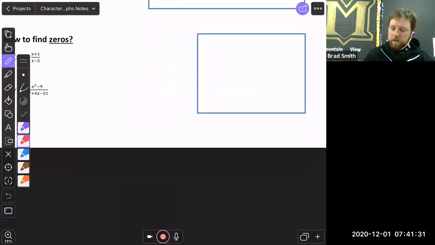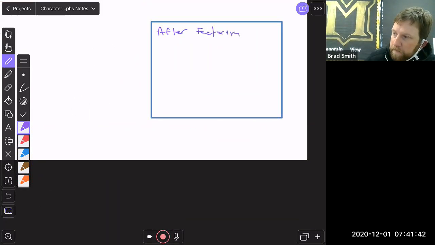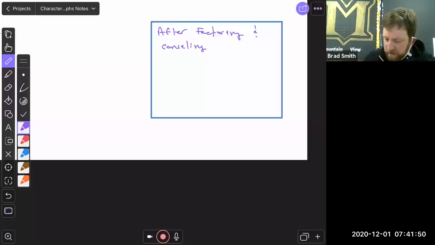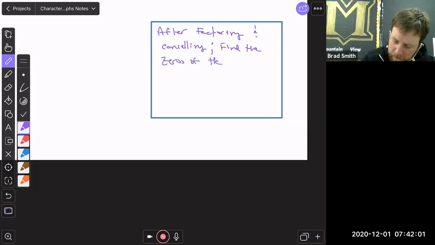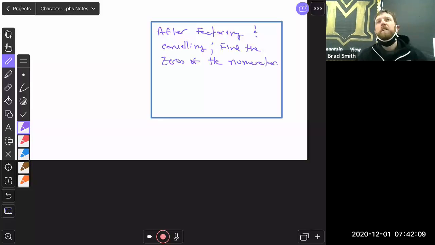I'm going to go ahead and find the zeros. Just because these are a lot like the vertical asymptotes, so after you factor and cancel, this is the numerator.